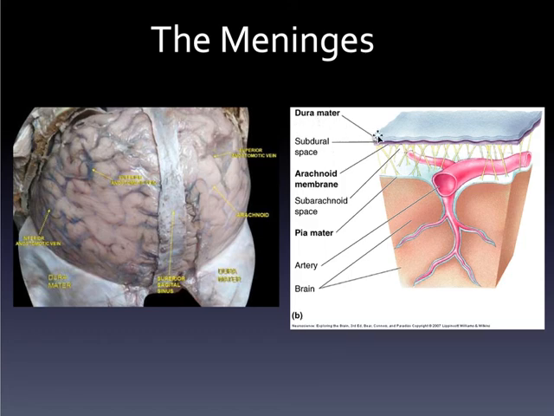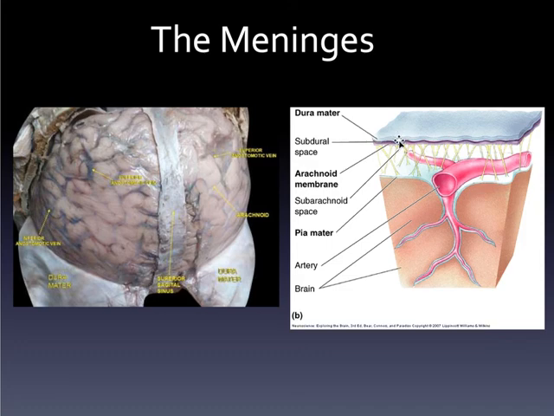Now this consists of a couple layers of dense connective tissue that's extremely tough, extremely hard to tear, but it nevertheless is flexible. It's adhered to the inside of the skull in the brain and attaches to the vertebrae in the vertebral column.